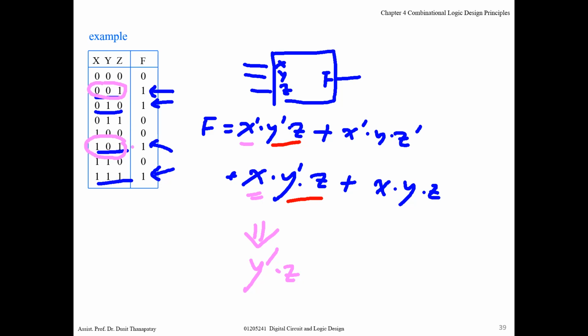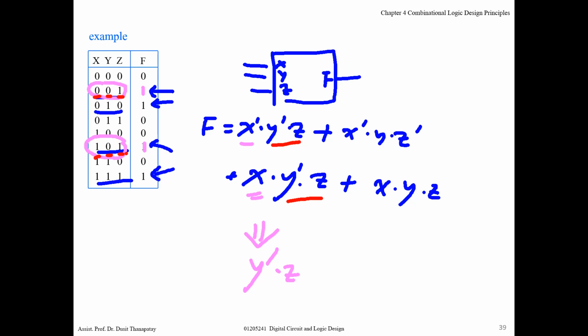Based on these two terms, let's interpret something. The output will be 1 when the value of x, y, z is 0, 0, 1, or 1, 0, 1. So if you look only at these two terms, the function will be 1 when x is 0, y is 0, z is 1, or x is 1, y is 0, z is 1.